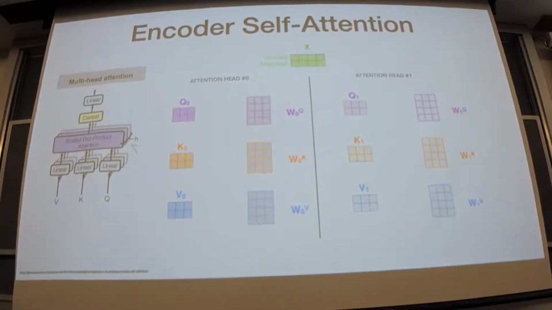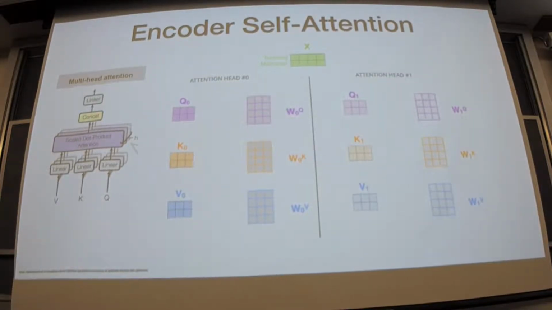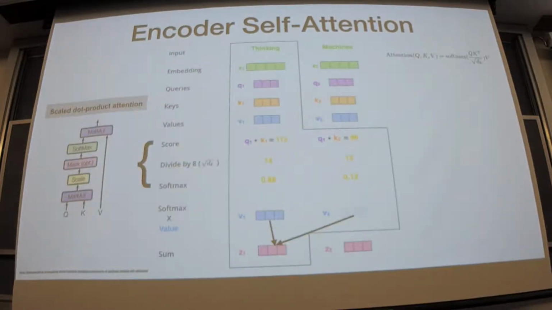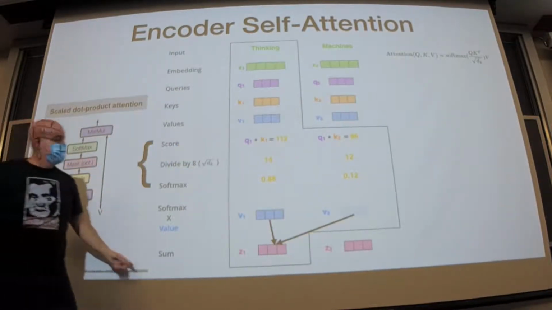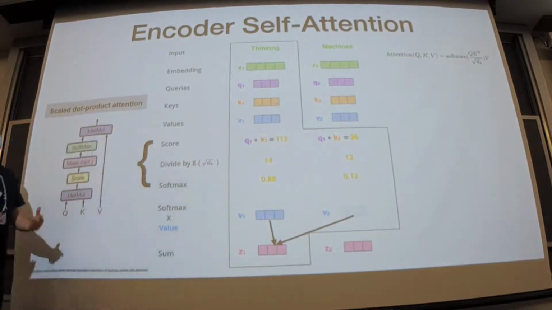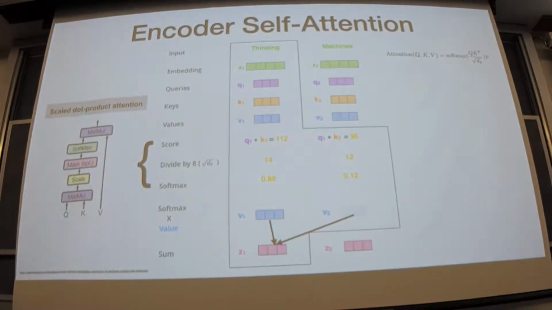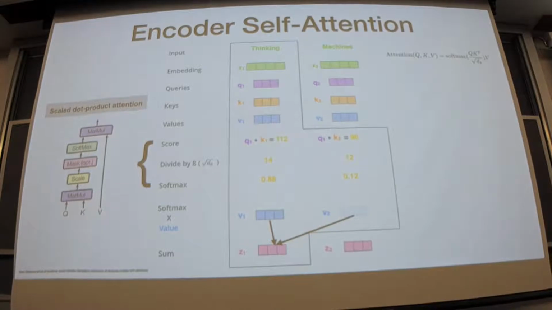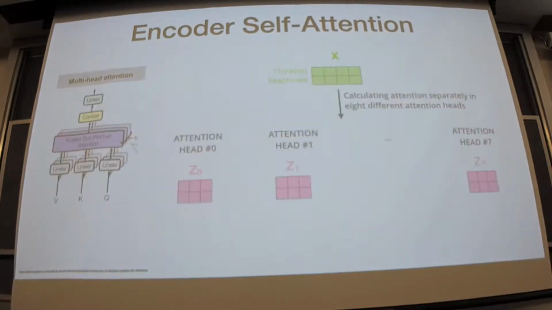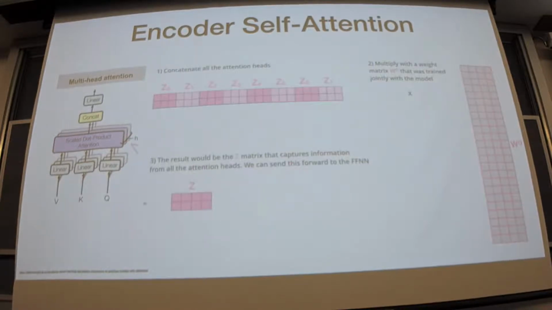So a head is these matrices that allow you to produce Q, K, and V, and then you use those to compute the Z's, one for each token, one for each head. Then concatenate all those and multiply by a matrix to get you back to the original size of your input, which was in this case 2 by 4.